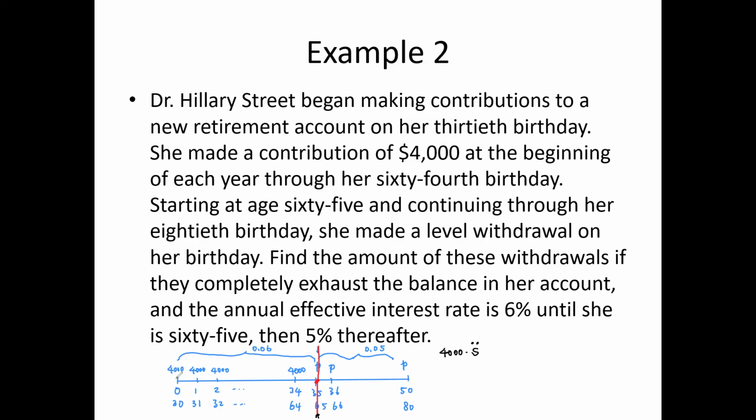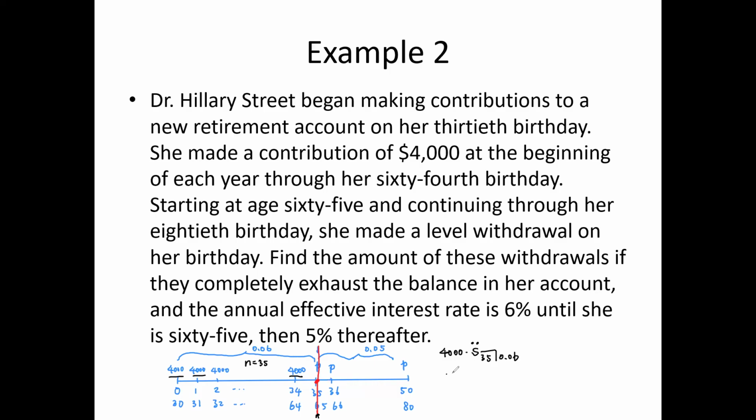This is the first payment, second payment, and 35th payment. N is actually 35. There are 35 payments, at 0.06. This is the future value of the first part of the annuity.